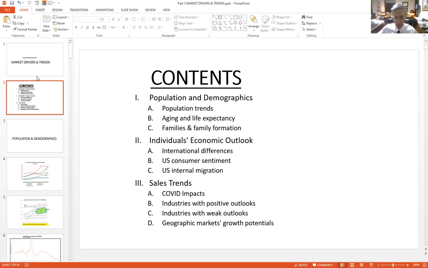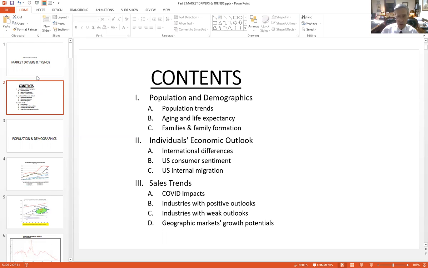So first of all, because of the times that we're living in, I'll make a few remarks about the implications and impacts that the coronavirus pandemic has had, because that has changed everything in consumer marketing.